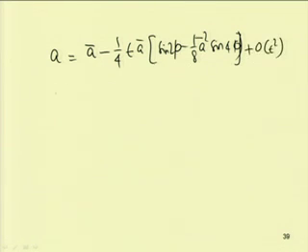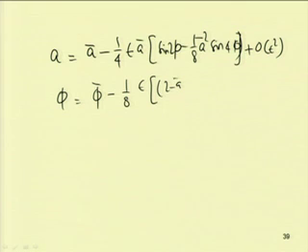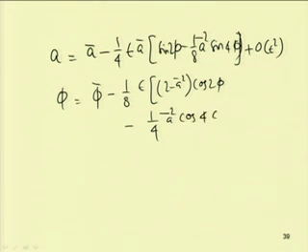So, A will be equal to this and phi will be equal to phi bar minus 1 by 8 epsilon (2 minus A bar square) cos 2 phi minus 1 by 4 A bar square cos 4 phi. So, by neglecting the order of epsilon square, one can find the solution A and phi in this way.